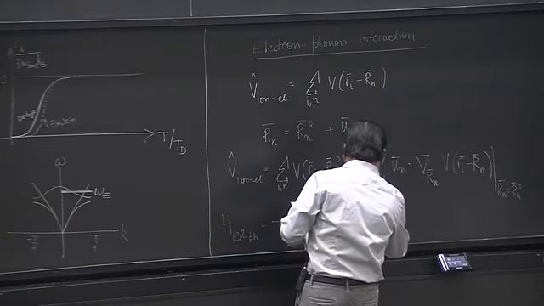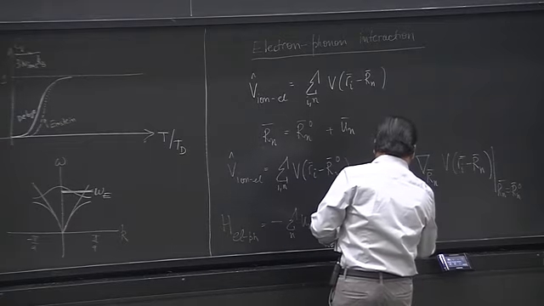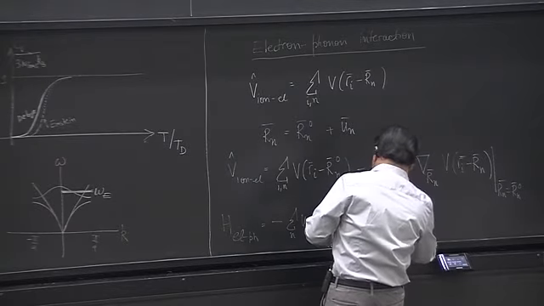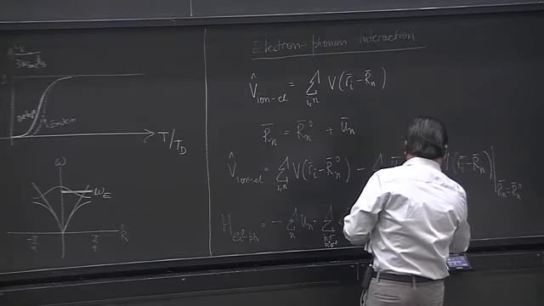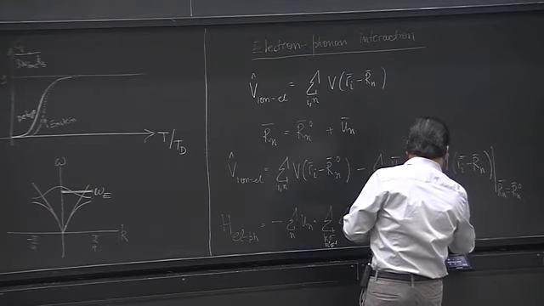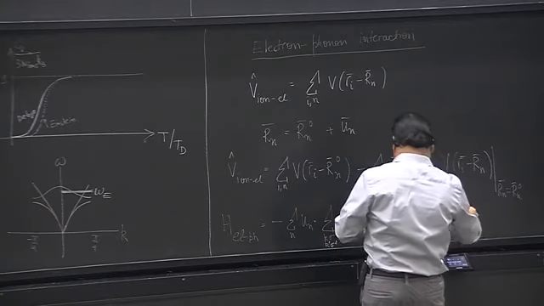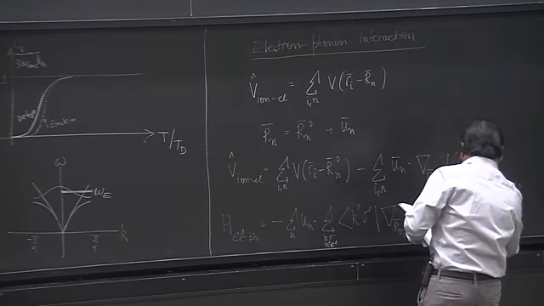So K prime sigma prime, gradient with respect to Rn of V(R minus Rn), evaluated at Rn equal to Rn naught.